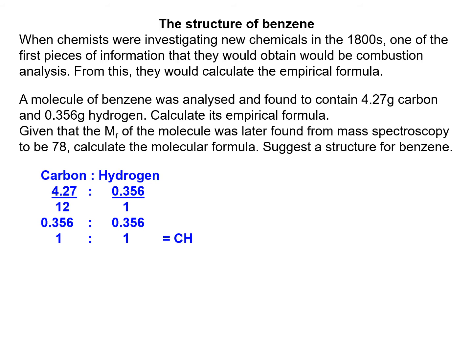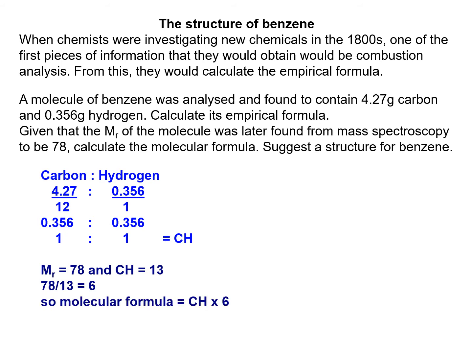We then take a look at the Mr of the molecule and compare the empirical formula mass to the molecular mass. And we see that the molecular mass is 6 times bigger, so the actual formula, the molecular formula of benzene, is C6H6.